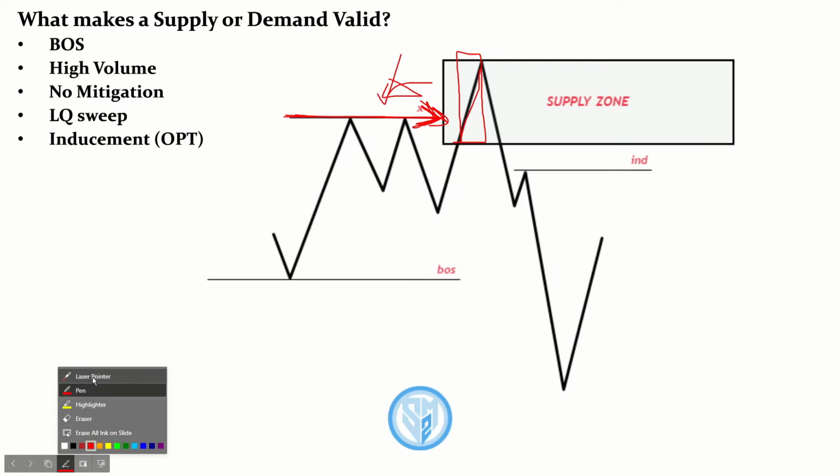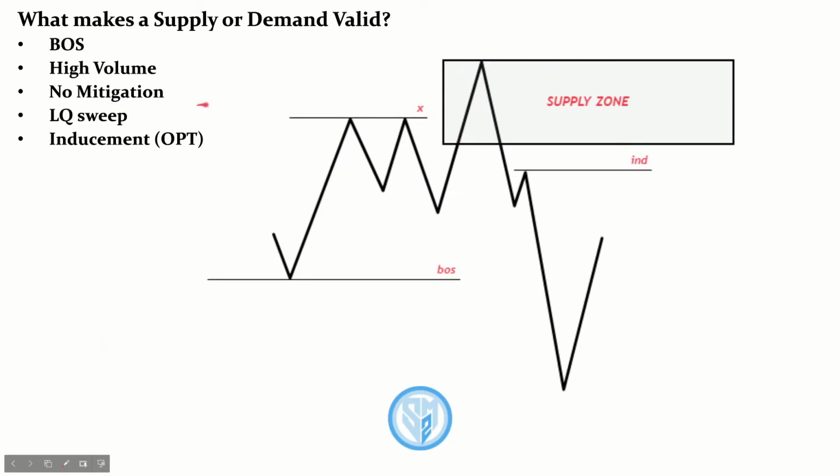Okay, and that's that. Now we move on to the fifth rule, which is inducement. All inducement is a level, a key level, whether it's a supply zone, a resistance zone, a flip zone, a breaker block, fair value, or just a wick or a high.